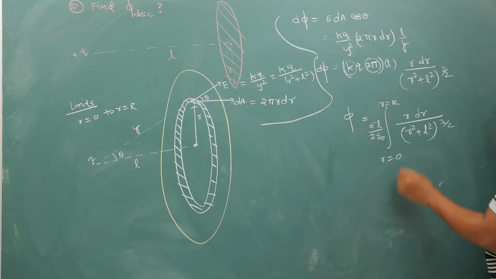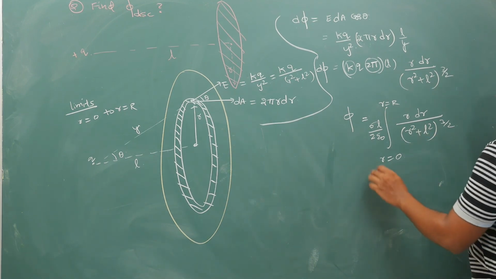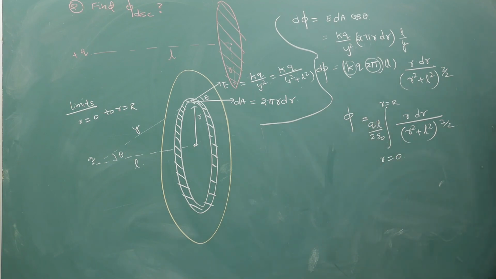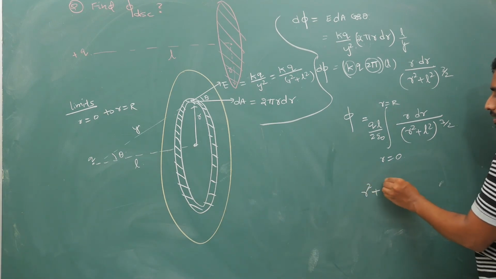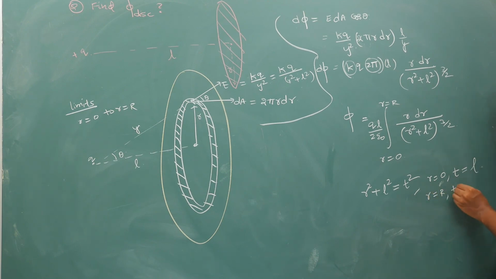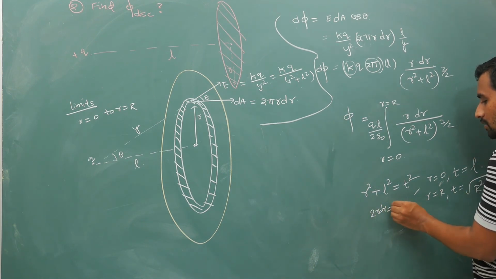Now when expressions like this come, what are you supposed to do? Here we assume r square plus L square is equal to t square. When r is equal to 0, t is equal to L. When r is equal to capital R, t is under root R square plus L square, and 2r dr is equal to 2t dt.